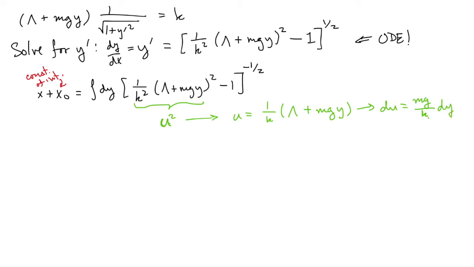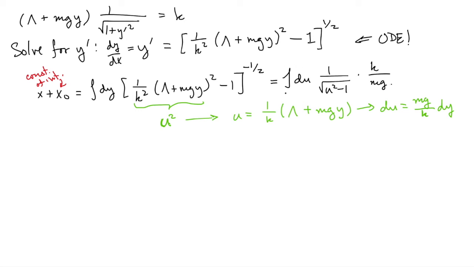Okay, so it's actually a relatively straightforward change of variable. And in terms of this new variable, this becomes the integral of du times 1 over the square root of u squared minus 1 times a constant, which we could have pulled out of the integral altogether.